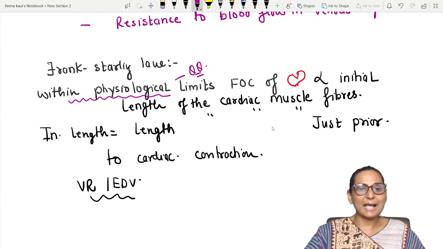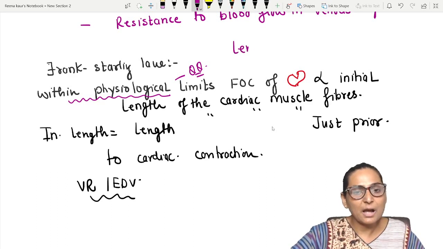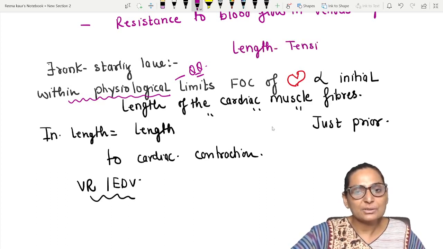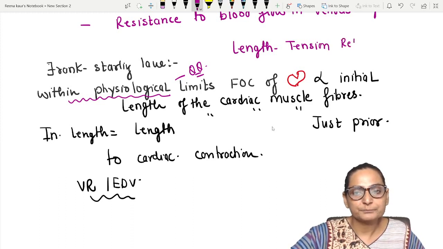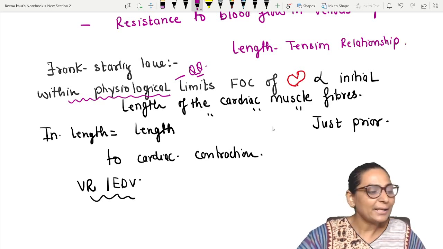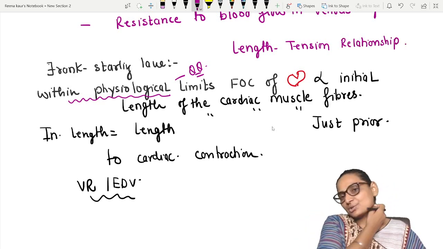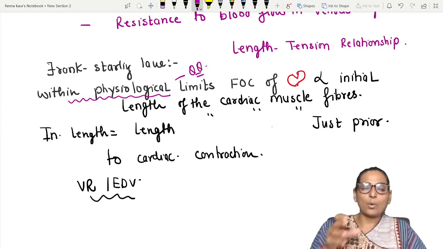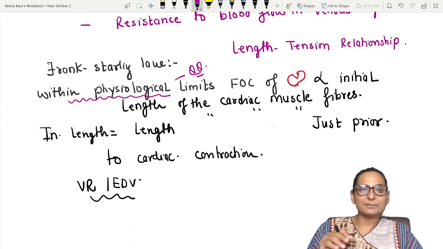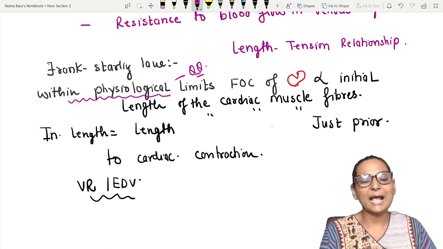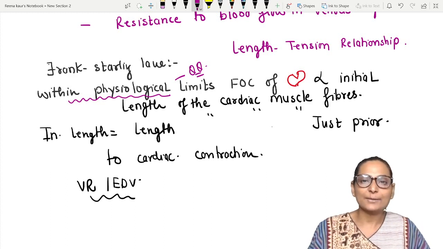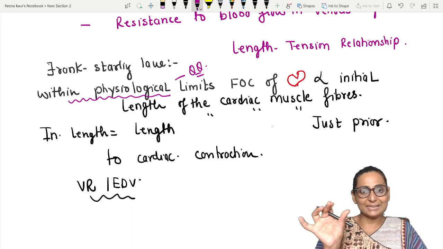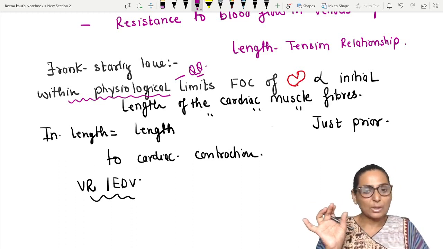The reason is that you have already studied that the heart also follows the length tension relationship, right? That means an optimum tension will be developed by the cardiac muscle fibers only at a particular length of sarcomere. So अगर sarcomere की length is optimum, तो आपको याद है क्या होता है?